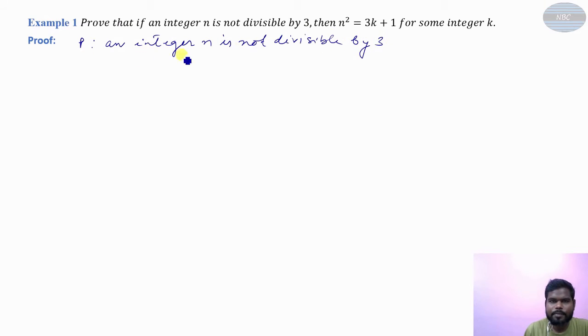And Q is nothing but n square is equal to 3k plus 1 for some integer k.